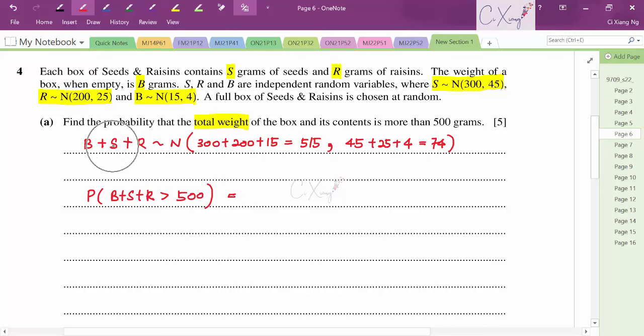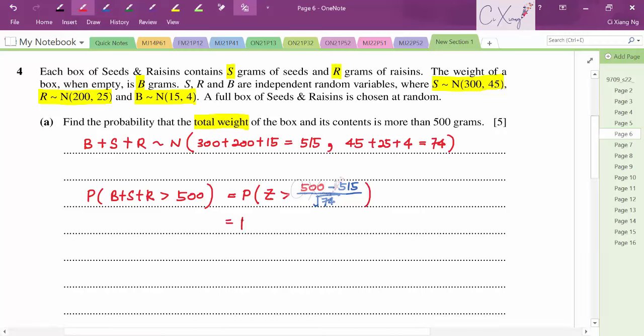All right, so from our calculation just now, we know that the total weight is normally distributed. Therefore, to calculate the probability, I need to change this total weight into the z-score or z-value. How to change it into a z-value? Again, you need to standardize it. You subtract the mean, where the mean now is 515, divided by the standard deviation, which is the square root of 74.